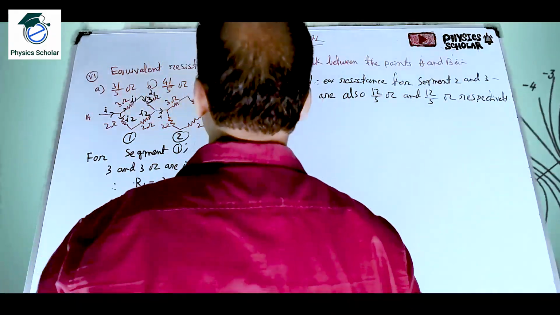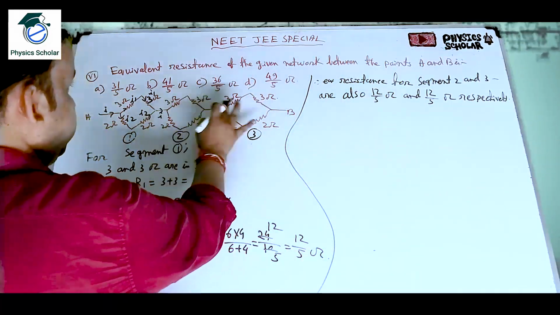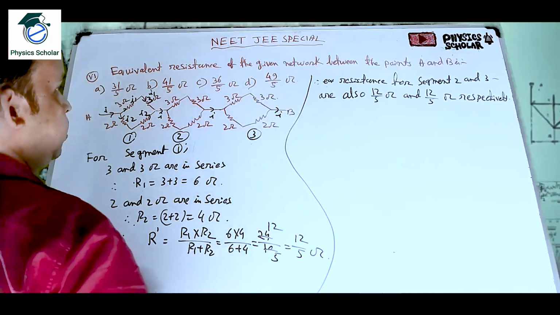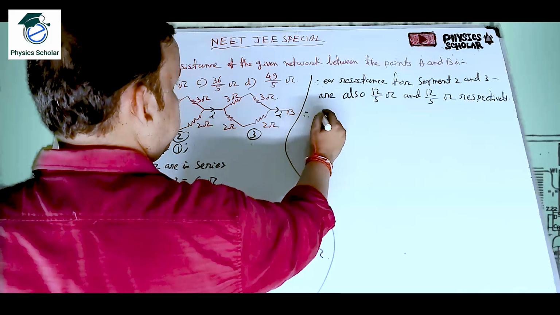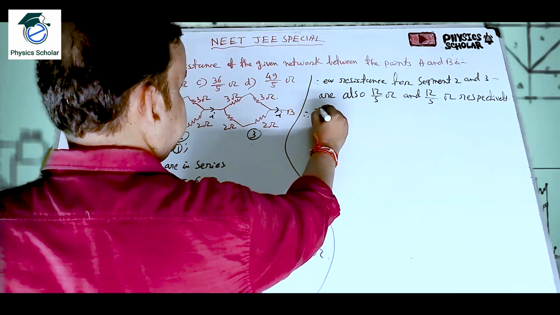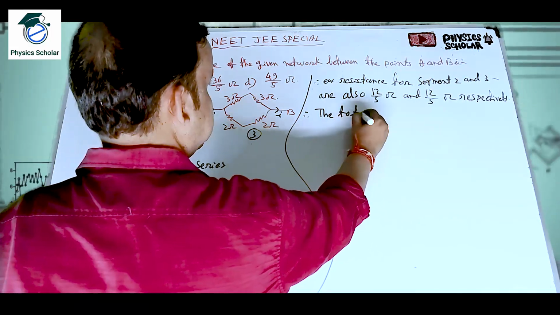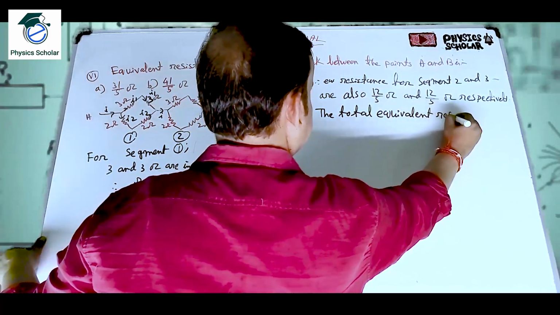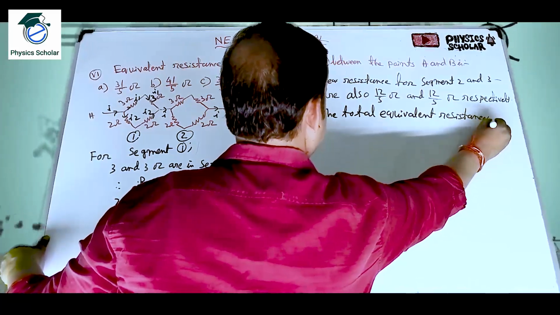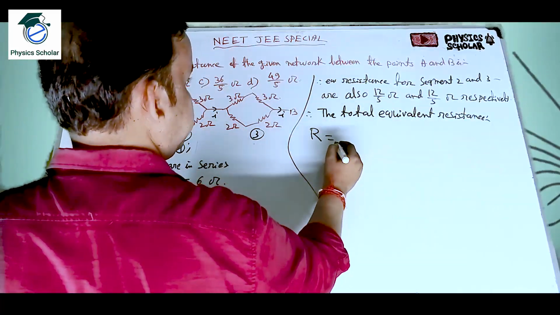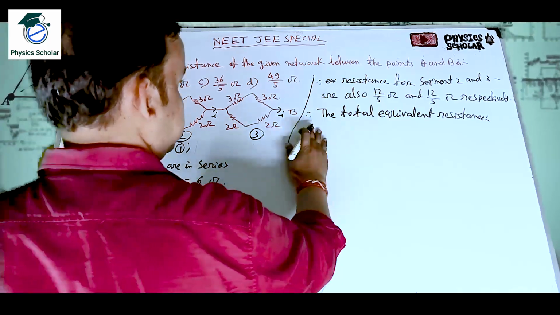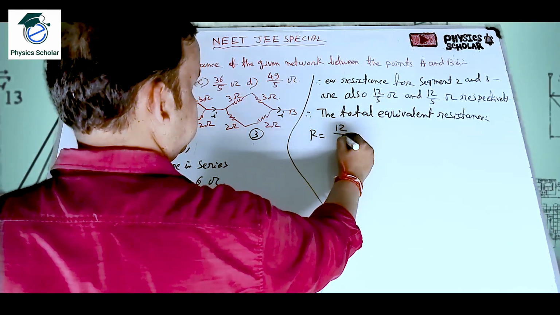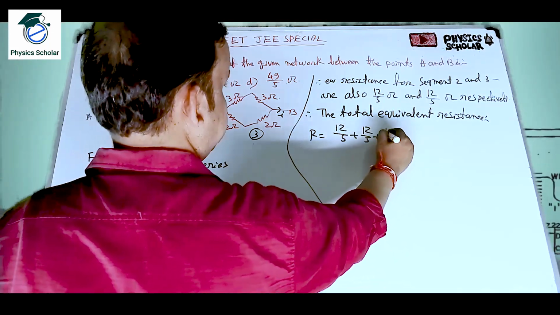Okay, then what happened? These are all in series because the same current will flow through this. Here it is also I, here it will be also I. Clear? So the same current is flowing. So that means the total equivalent resistance R is equal to the sum of 12 by 5 plus 12 by 5 plus 12 by 5.